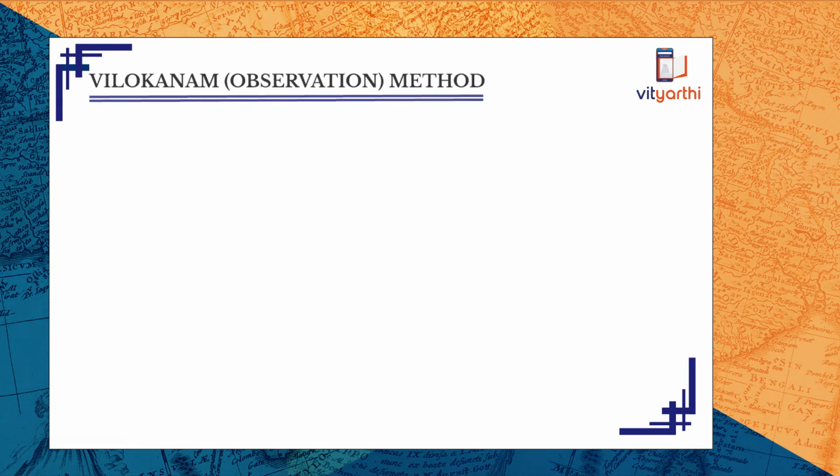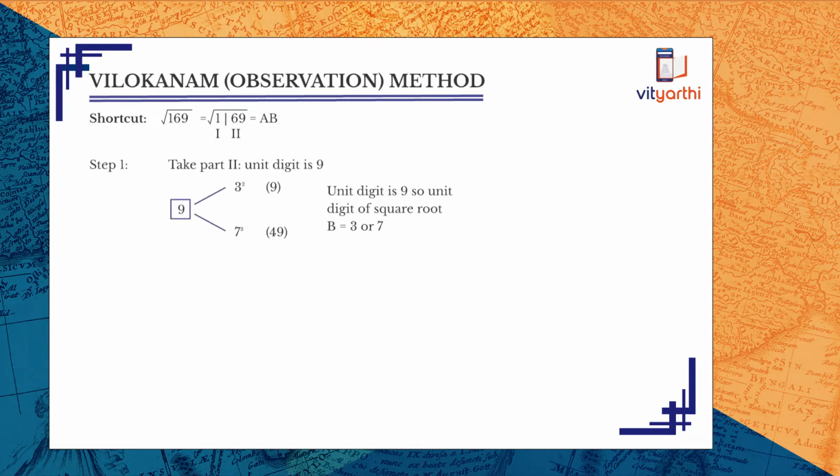How can we get root 169? Now we have to make two partitions. In the left side partition we have 1, and in the right side partition we have 69. Let root 169 equal AB. Step 1. Take part 2 and find the unit digit.